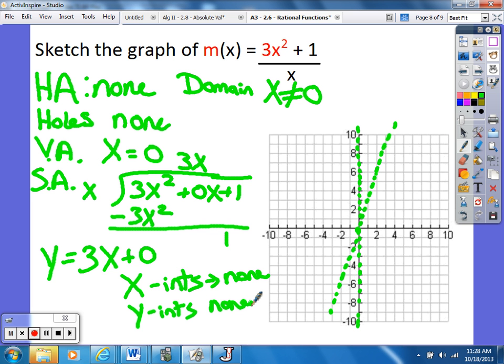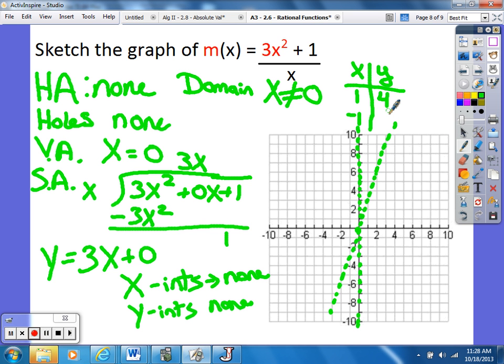Now guess what I need to do? I need to plug in points. I'm going to plug in 1 and see if it goes here or here. And I'm also going to plug in negative 1. So if I plug in 1, I get 4.